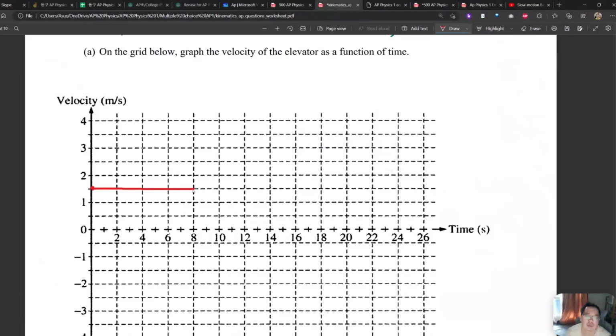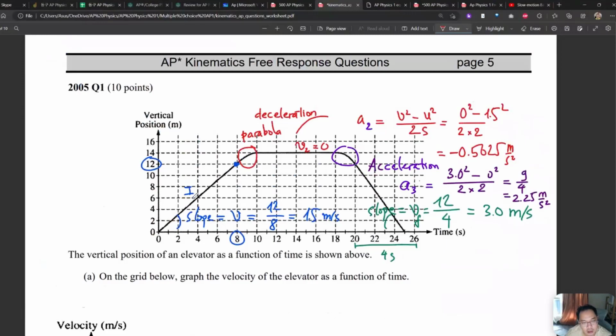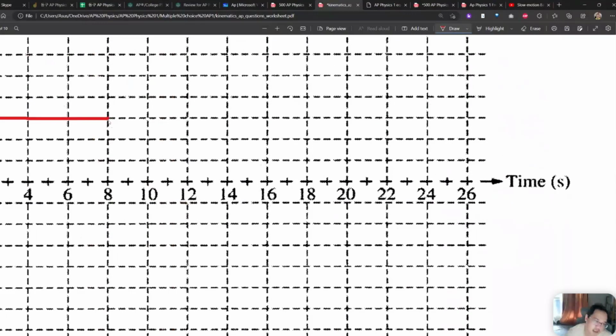And then decelerate to become 0 in 2 seconds, from 8 seconds to 10 seconds, a straight line down.